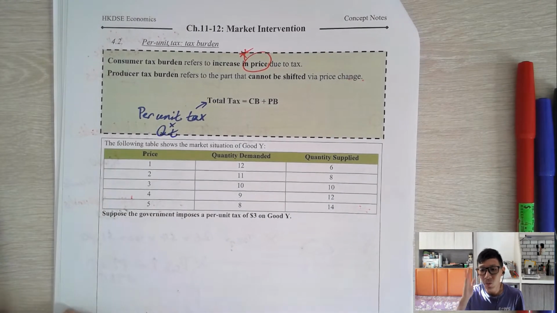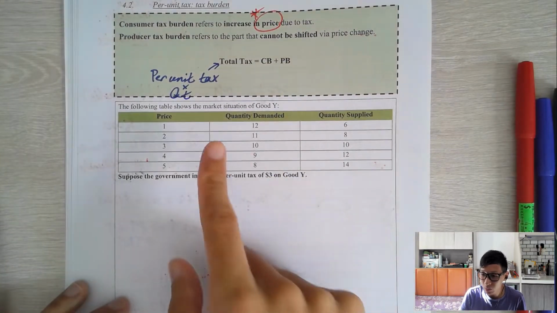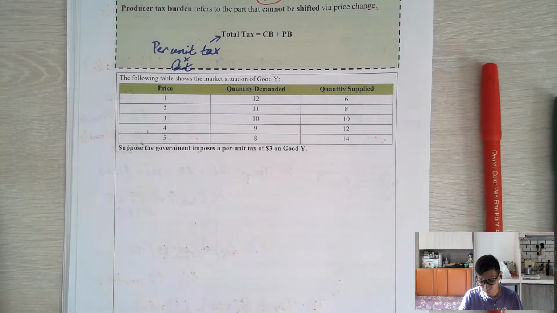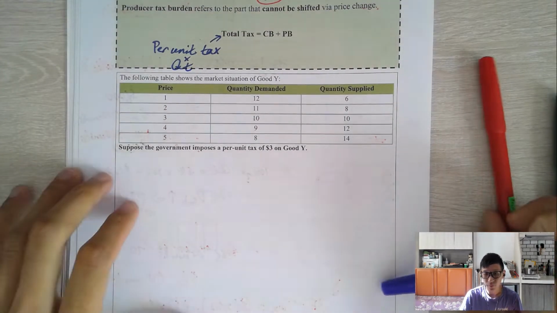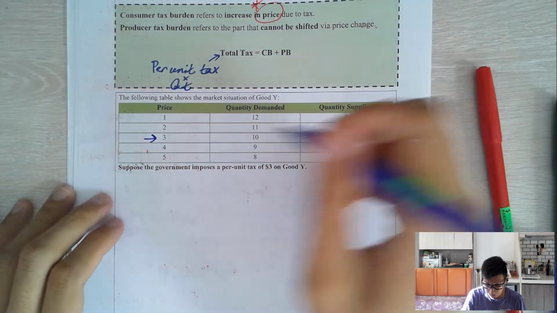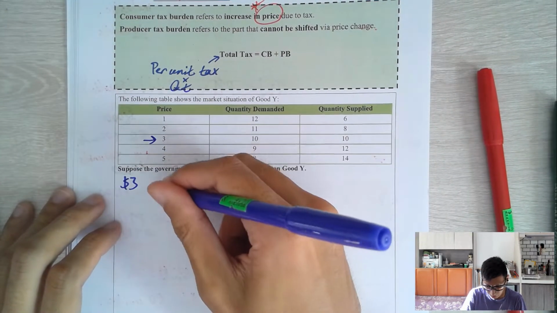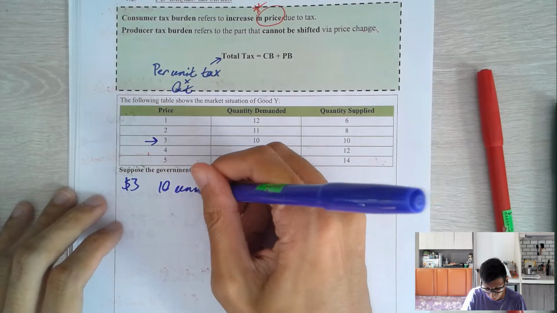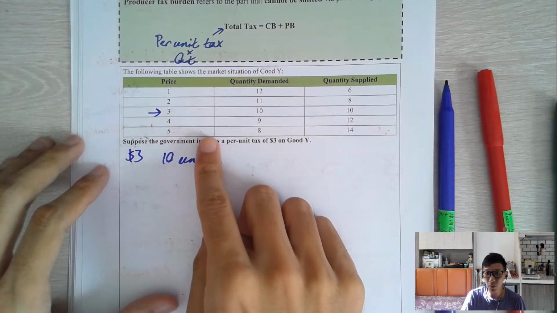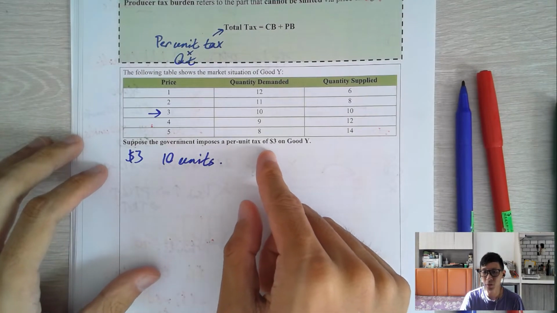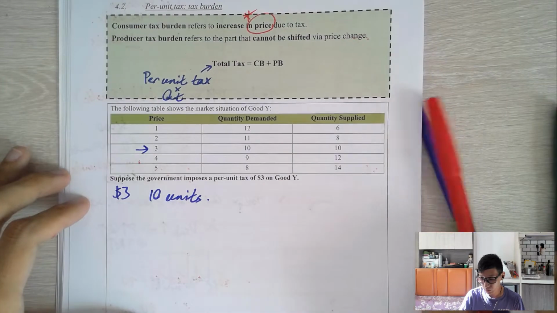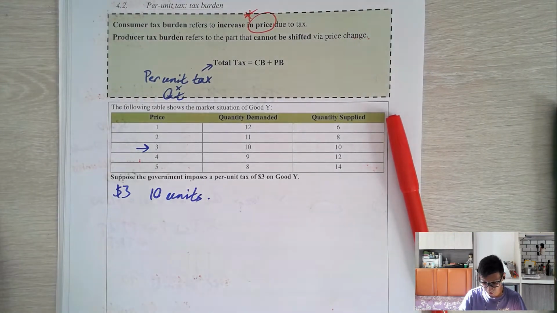OK， 嗱，好難明嘅，好嘛 ？Let's use a number example. OK， 我哋用數字嚟代表啦，好嘛？嗱 here originally we have this one, right? $3 10 units 呢個係原先嘅狀況。OK， 好嘛？ Now, suppose the government impose a per unit tax of $3 3蚊雞啦。So let's try to move the QS part.